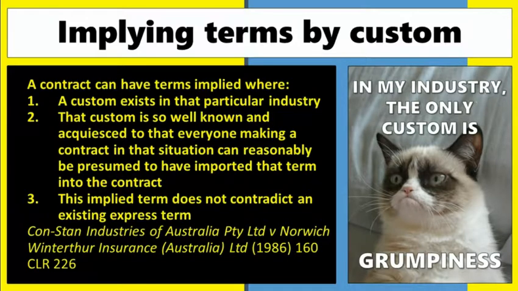Everybody in the industry knows what that particular term is and acquiesces. So they generally ignore the requirement to stipulate it, because it's presumed that all contracts for people in that industry would have that particular term in it. And again, it can't contradict an express term in the contract.